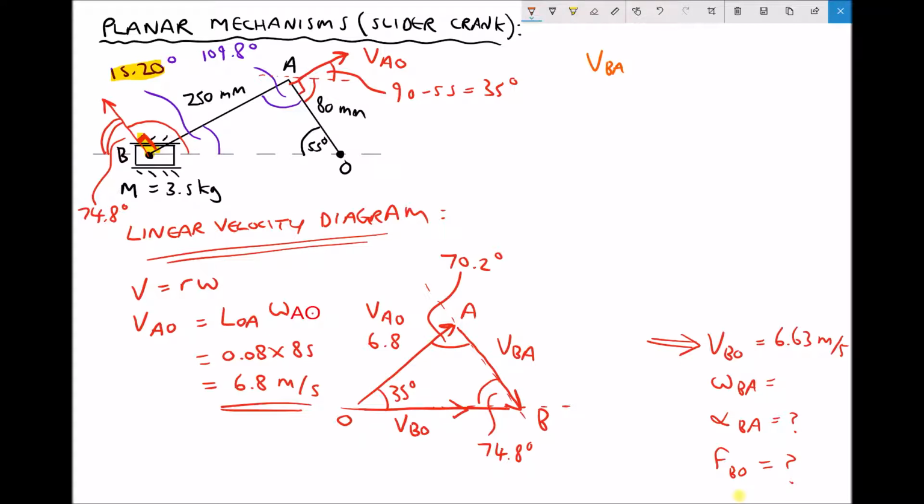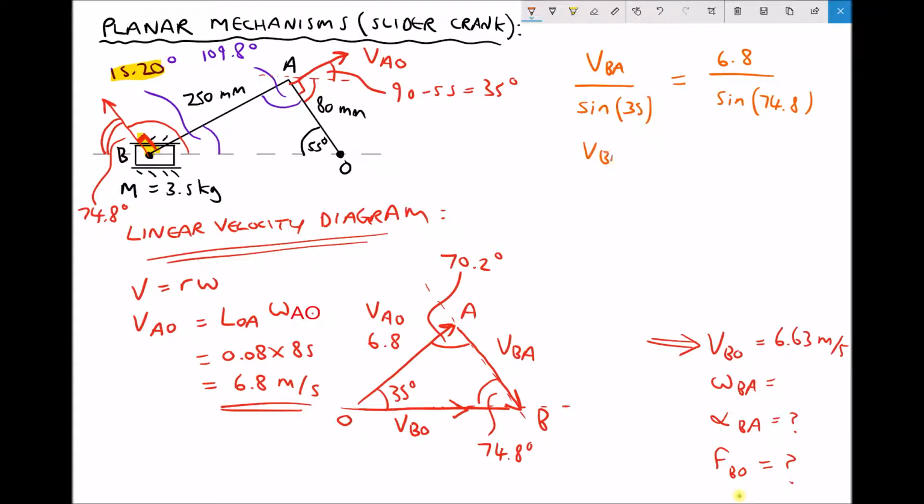Well, VBA is opposite the 35-degree angle on our sketch. So we can use our sine rule. And again, we can either use VAO and the 74.8 degree angle, or we can use VBO and the 70.2 degree angle. I'm going to use 6.8 over sine 74.8.